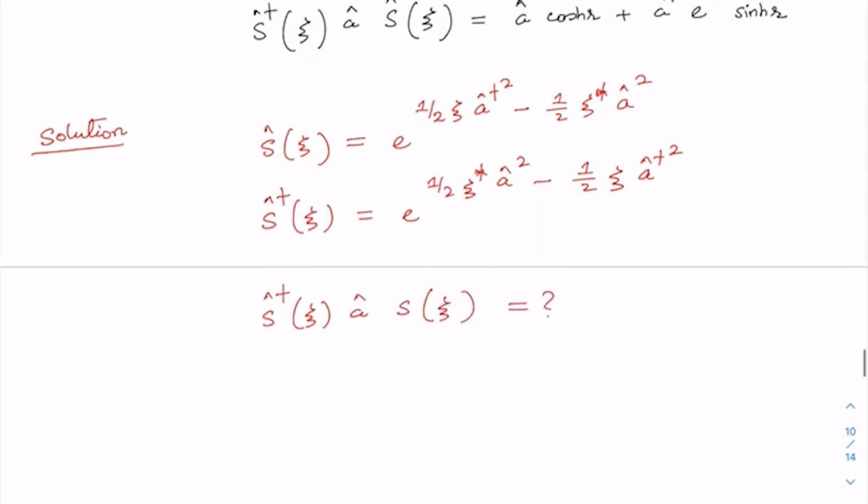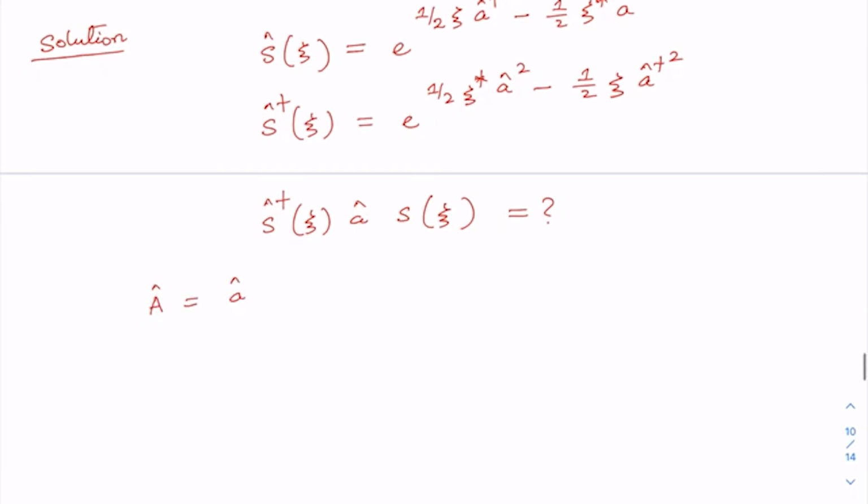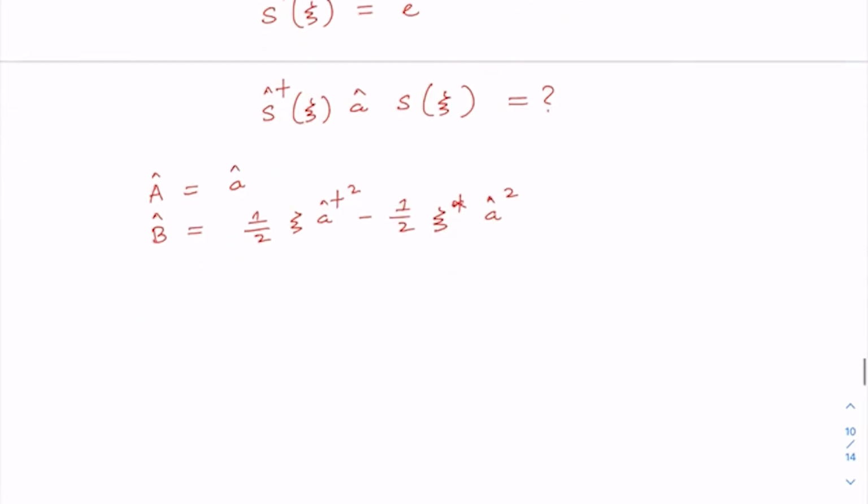So going by this given formula, let us take the operator A to be the small a, the annihilation operator, and B, let me take it as half ξ a dagger square minus half ξ star a square.